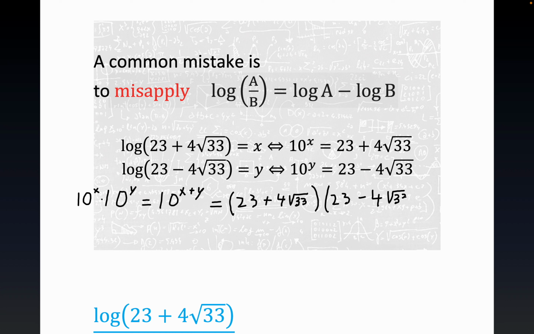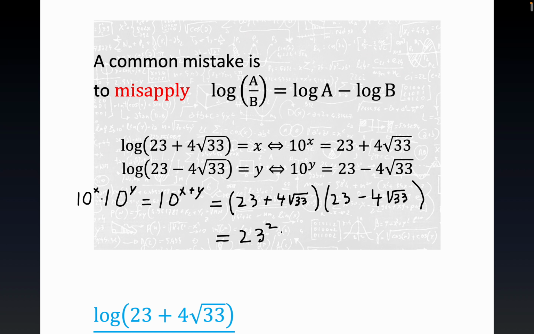Okay, so now again, folks, this is in the form of a minus b times a plus b, so we can write this as 23 squared minus this quantity 4 root 33 quantity squared.